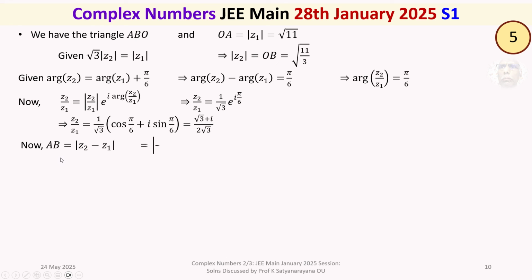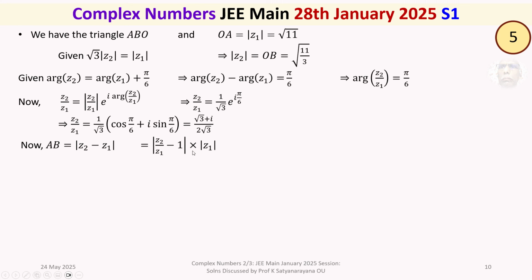So what is AB, the distance AB? A is represented by Z1, B is represented by Z2. Therefore, the length of the side AB is modulus of Z2 minus Z1. This can be written as modulus of Z2 by Z1 minus 1, into mod Z1.